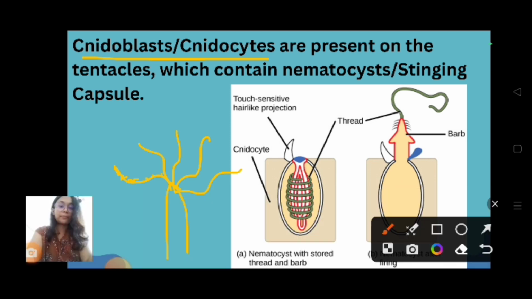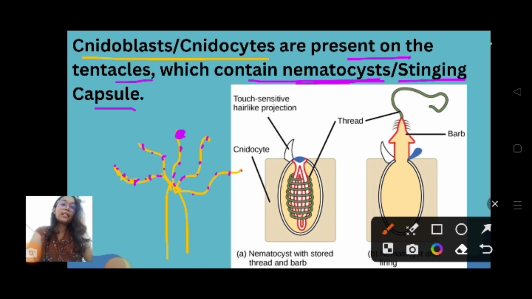So these are cnidoblast or cnidocyte cells present over the tentacles. There are many, I'm just showing a few of them. Likewise it is present over the tentacles. Is it clear? Which are present on the tentacles, which contain nematocyst stinging capsules. So one single cnidoblast cell will contain this nematocyst or stinging capsule.